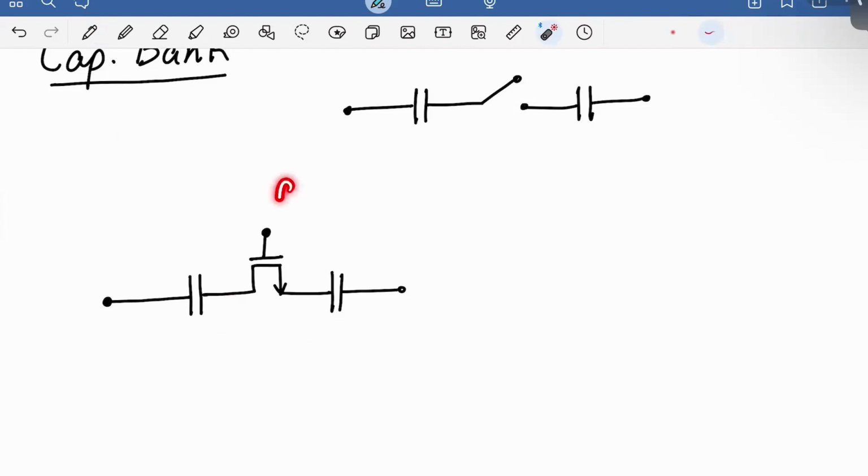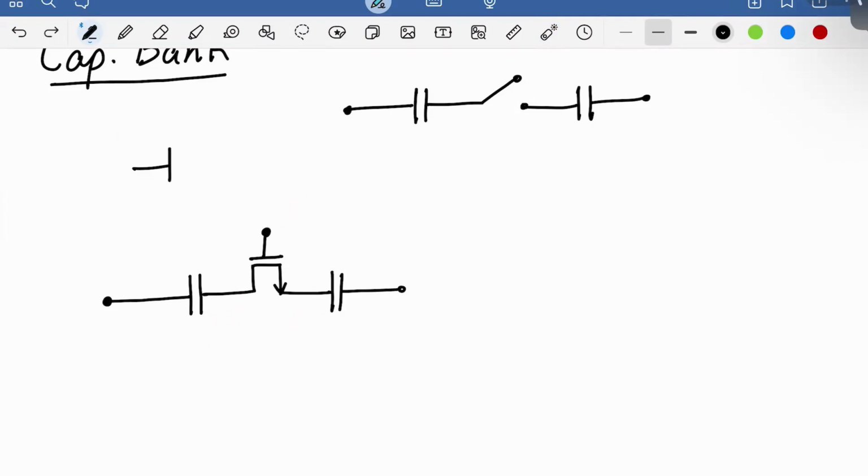So you can't just apply a voltage here and then expect this to behave like a switch. So in order to define this voltage correctly, we need to use an inverter. So we will do it this way. We have an inverter, and that connects with a resistor like that.